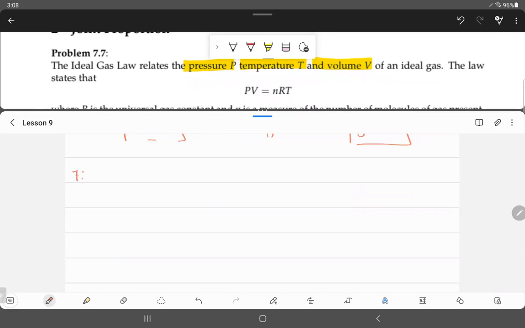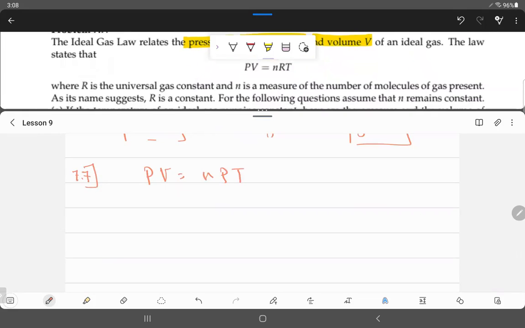This is 7.7. PV equals nRT. T is temperature, P is pressure, V is volume, R is the universal gas constant. So R is constant. This is important. So we know which one is variable, which one is constant, okay?